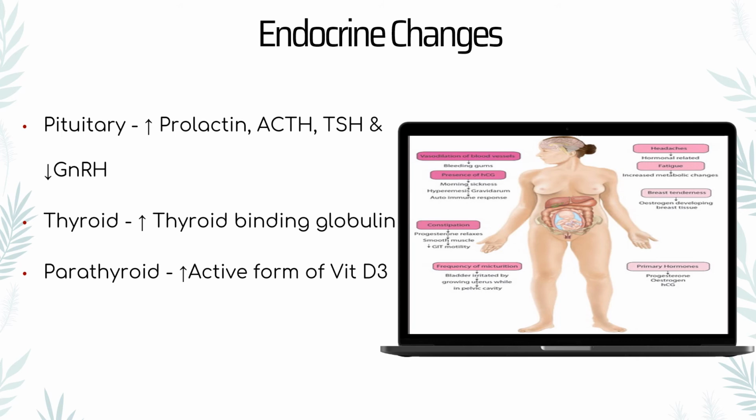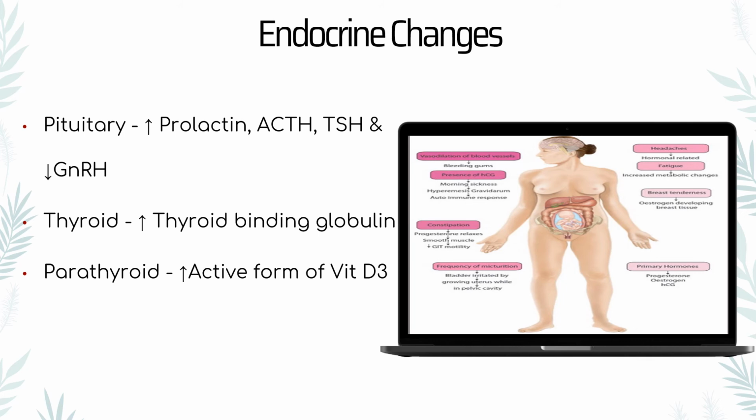Antidiuretic hormone increases during the pregnancy. And then thyroid: the size and the secretory activity of the thyroid gland increases during the pregnancy, and thyroid binding globulin increases, which in turn increases the bound fraction of T3 and T4.